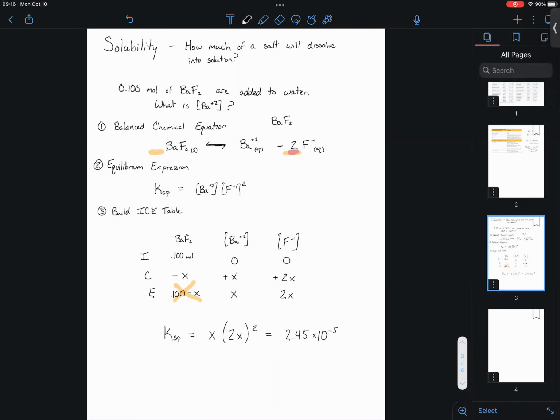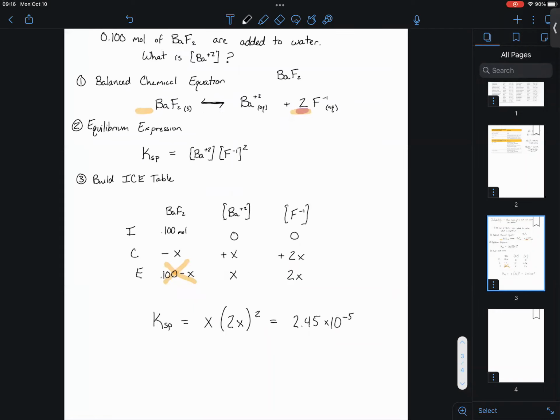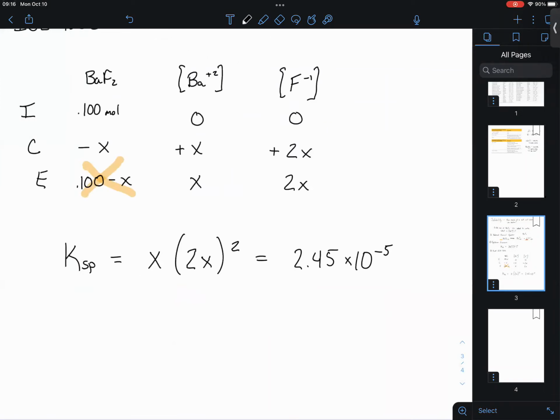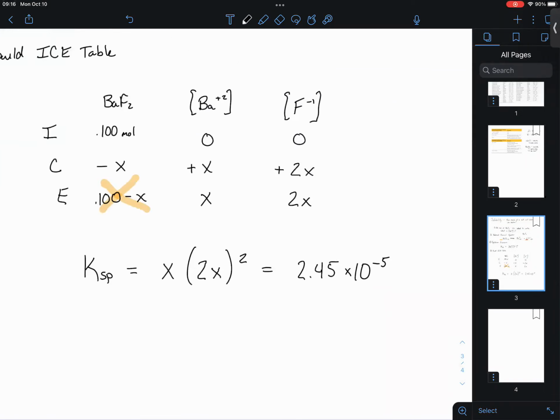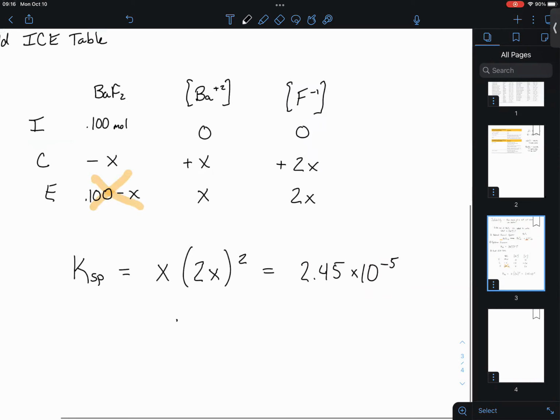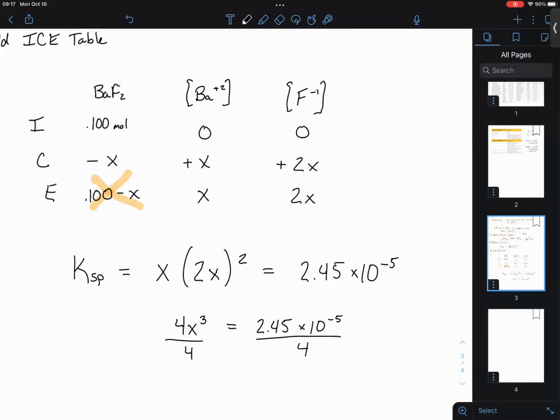So I'm just going to focus on my algebra here. What I get is I've got to distribute that squared in there, so I get 4x cubed equals that 2.45 times 10 to the negative 5. Then I've got to divide both sides by 4. That cancels it out over here.